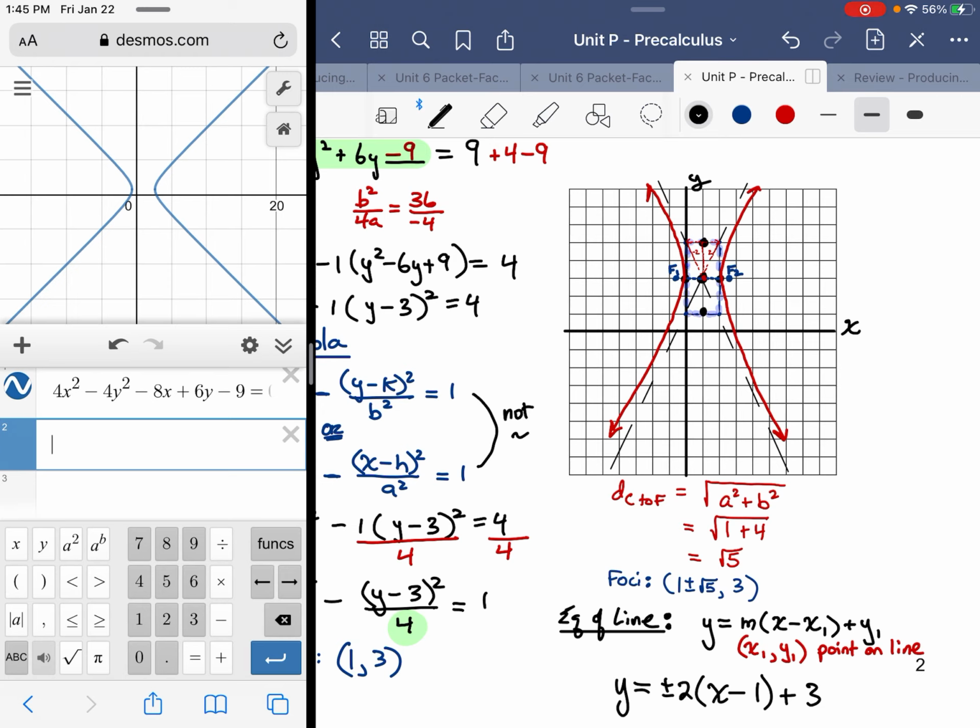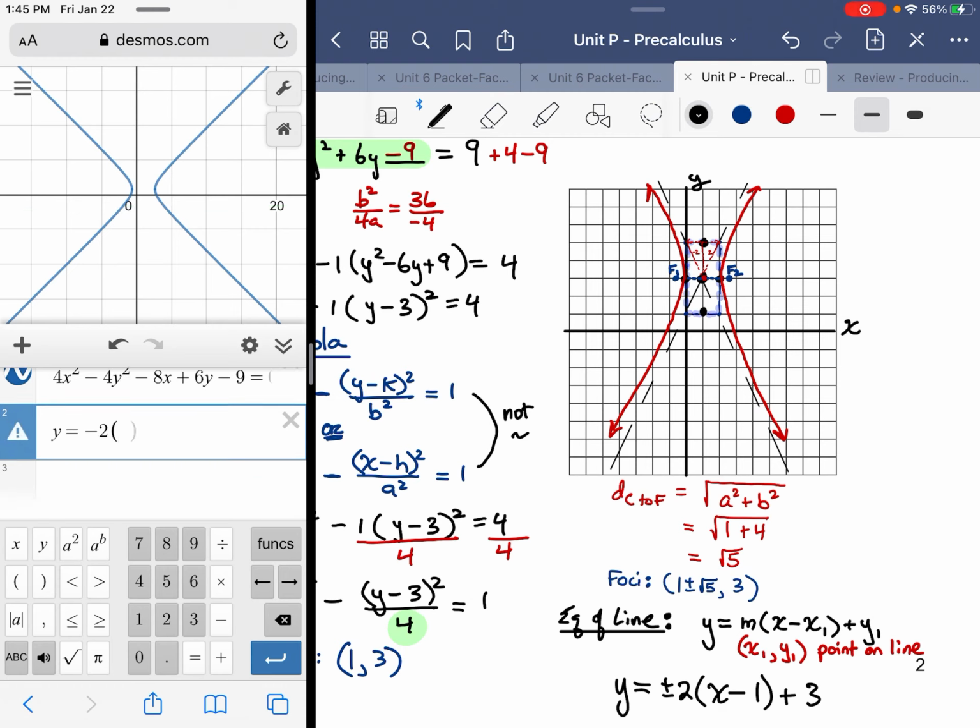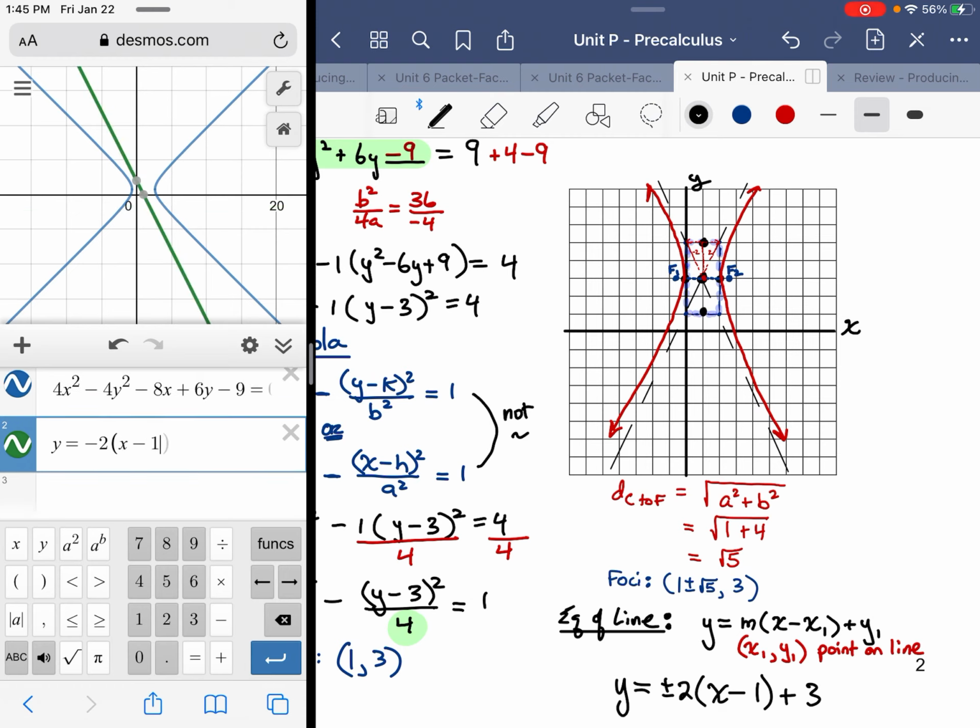So I'm going to plot that, and we'll verify that those do appear to be the correct asymptotes. So y equals negative 2 times x minus 1.